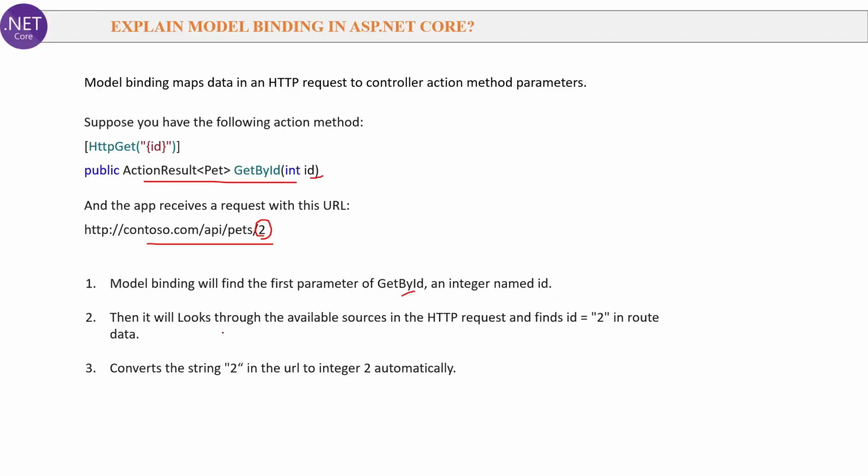This conversion is automatic and it is done by model binding only. So it is one of the benefits of model binding. If there is any boolean conversion or data type conversion, that is automatically done by model binding. So now you can understand how model binding is making things simple for URL parameter matching with the parameter inside the action method.